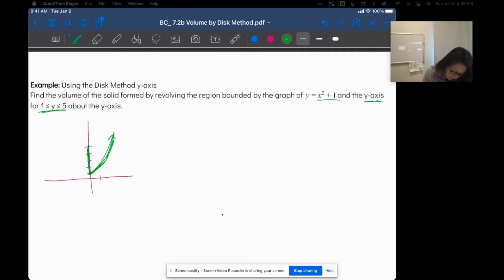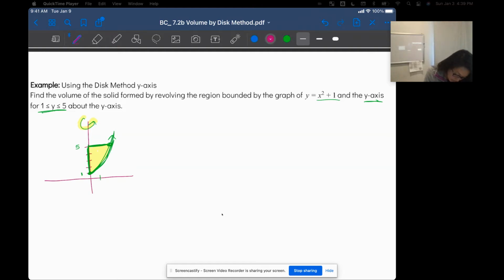So at y is equal to 1, the graph intersects with the y-axis, and then at 5, the graph is going to intersect with the curve. Okay, so we're going to take this yellow area, and we are going to spin it around the y-axis.